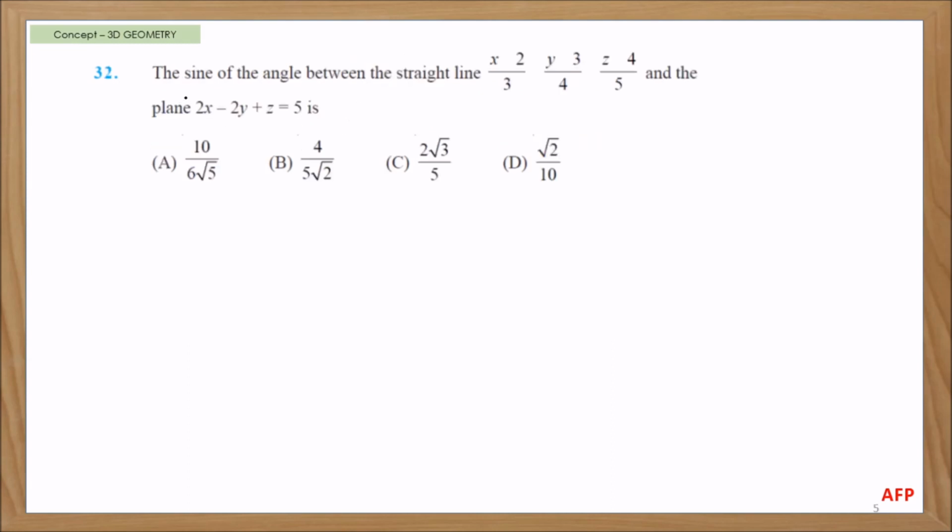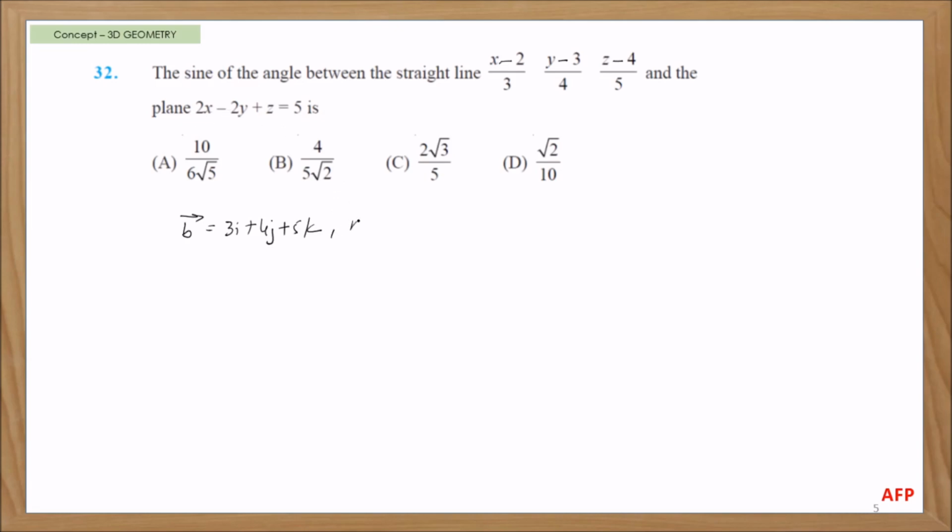Next, the angle between a line and a plane. This is a line equation, and this is a plane equation we are having. For the line, the b vector direction ratios are 3, 4, 5, so you can write the vector 3i plus 4j plus 5k. Here a plane is there.